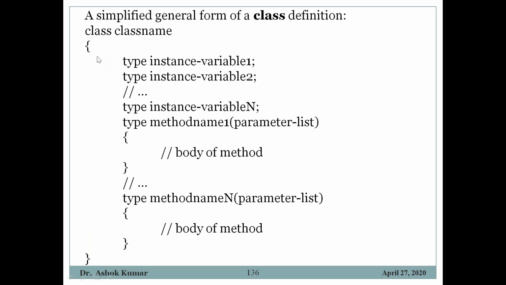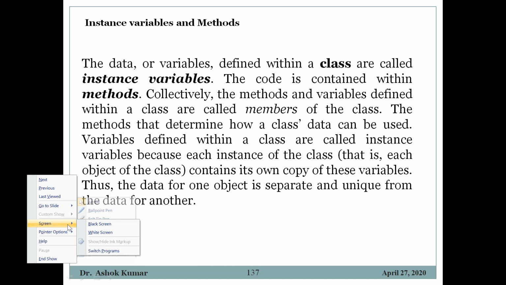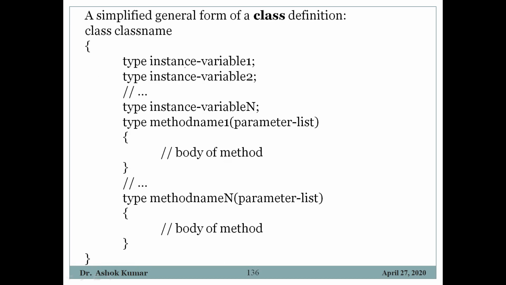So this brace is there, and within the pair of braces, what you can write is its instance variables. Basically, these are the variables as we discussed earlier, as in case of the bank account, one of the attributes will be account number. So all the attributes you want to keep in that class, you will define over here.